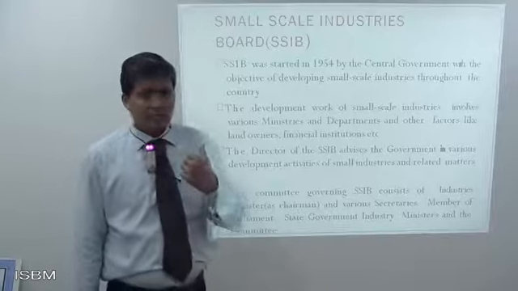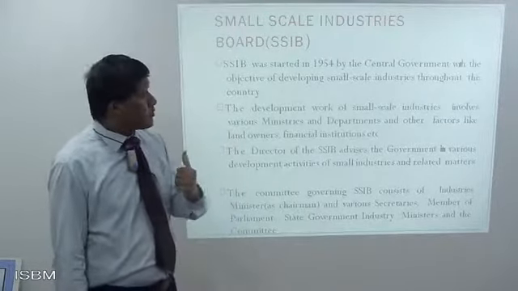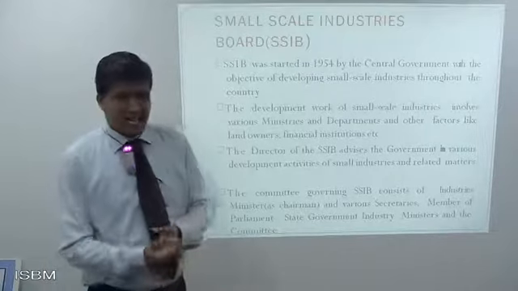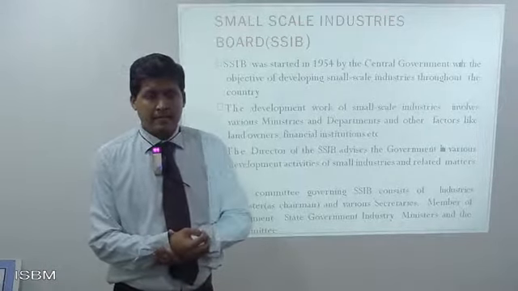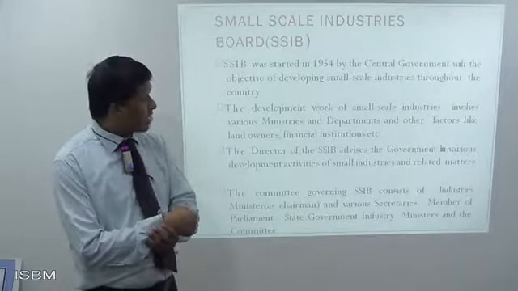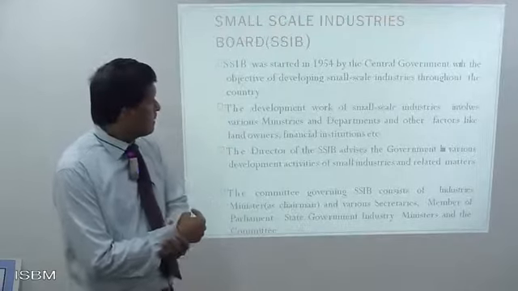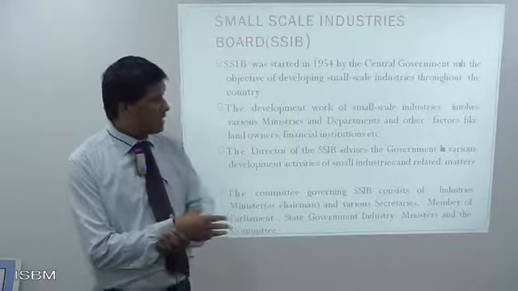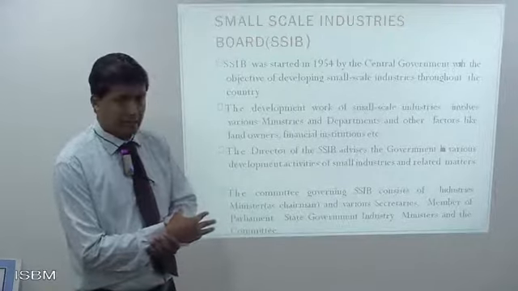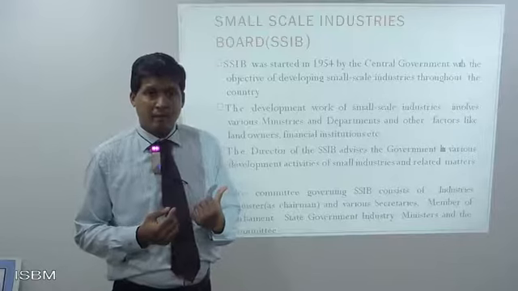Let's take the other body, the second body of a state institution, the Small Scale Industries Board, SSIB as it is more commonly called. Now SSIB was established in the year 1954 by the central government with the objective of developing small scale industries throughout the country, which runs in alignment with the central body.